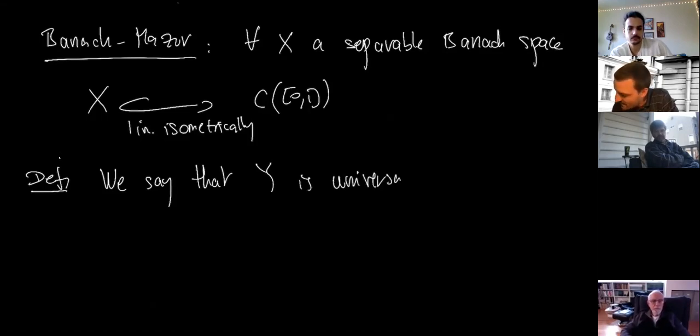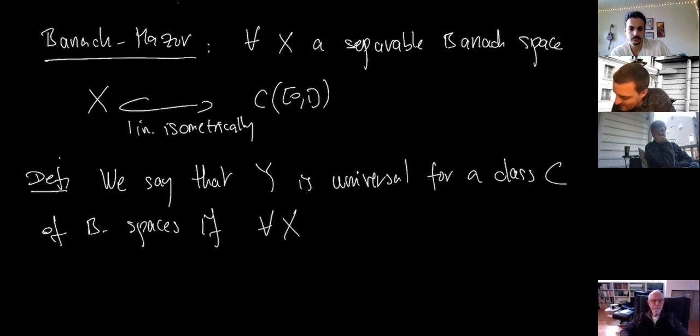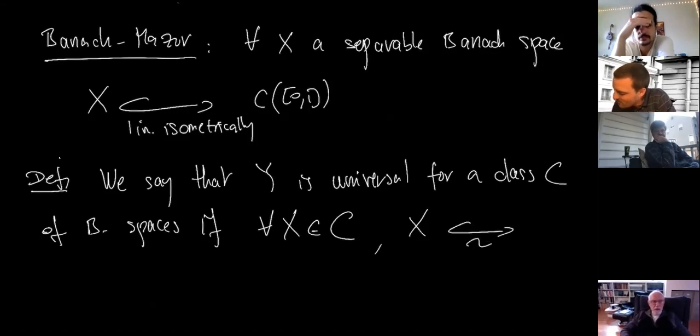Here, for the first definition, a Banach space Y is universal for a class C of Banach spaces if every Banach space X in the class C embeds linearly and isomorphically into Y. So you have a bounded linear operator into Y, which has a continuous inverse. Just a linear embedding.